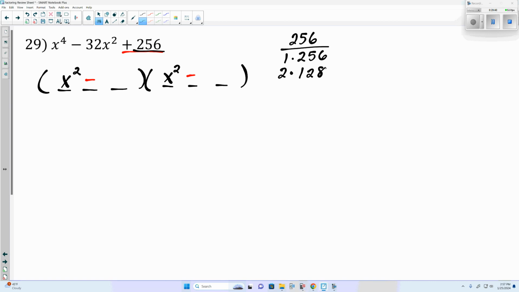And we can plug this in a calculator. 3 does not work, but 4 does. 4 and 64. 5 does not work. 6 does not work. 7 doesn't work, but 8 does. 8 and 32, and then 16 times 16. 16 and 16.